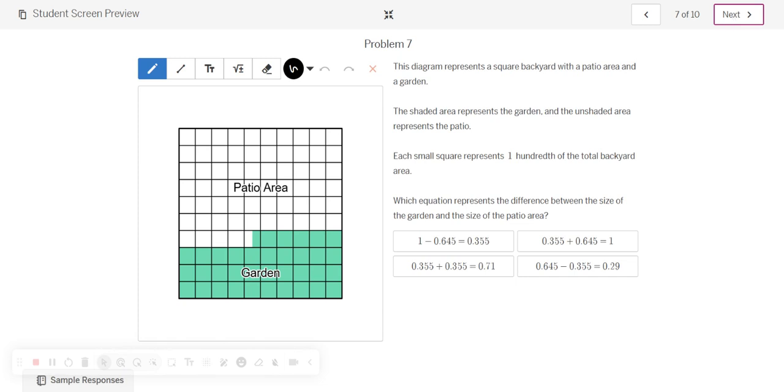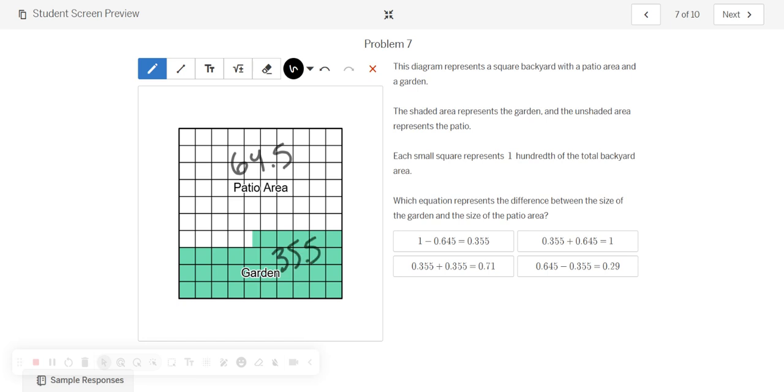Patio area garden. This diagram represents a square backyard with patio area and garden. Each small square is 1/100th of the total backyard area. So the numbers here, there are 64.5 of these, and then there are 35.5 of these.